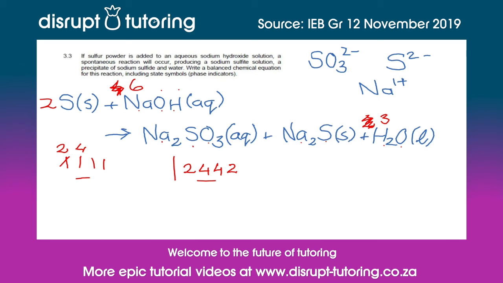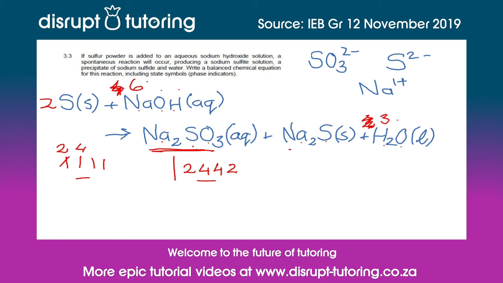And that gives us 6 atoms of sodium on the left-hand side, where we only have 4 on the right-hand side. So here we don't want to change the coefficient of this term because we have already sorted out the oxygen. So we've already balanced the oxygen on either side with the 3 here and the 6 here.